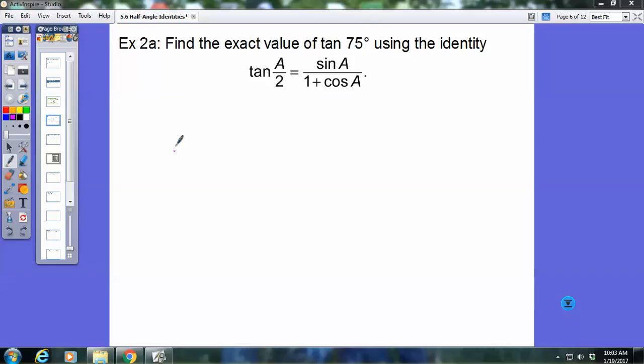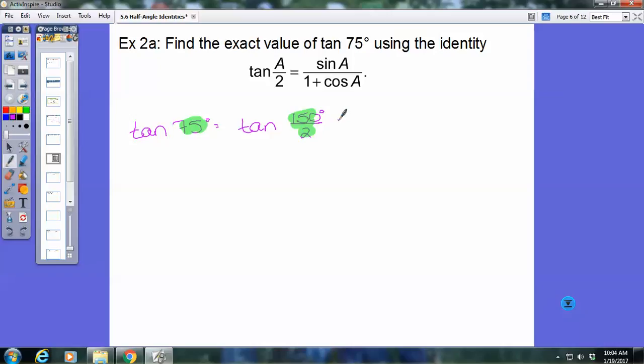So tangent of 75. We have to figure out what A is. So 75 is what divided by 2? 150. 150 divided by 2 gives you 75. So these things have to be equivalent.